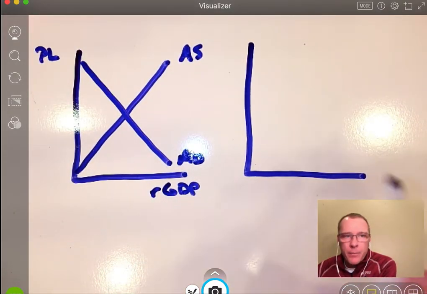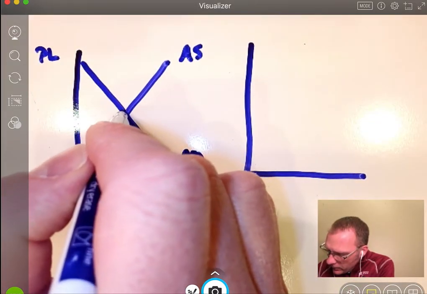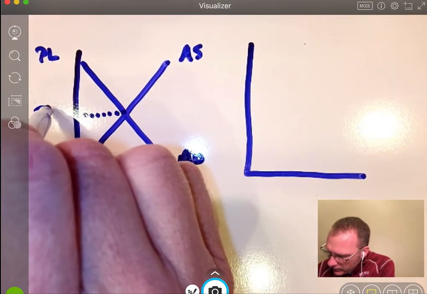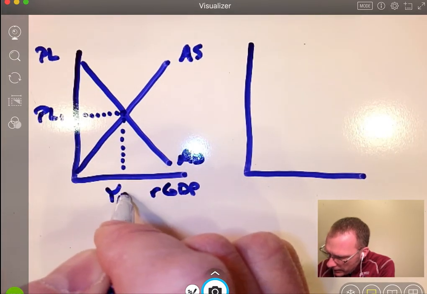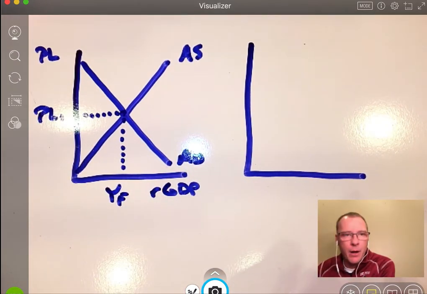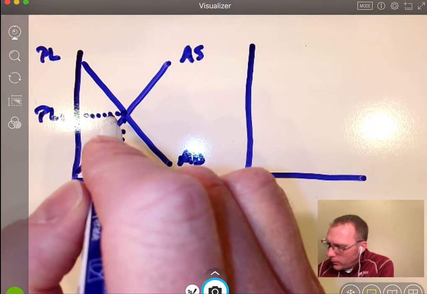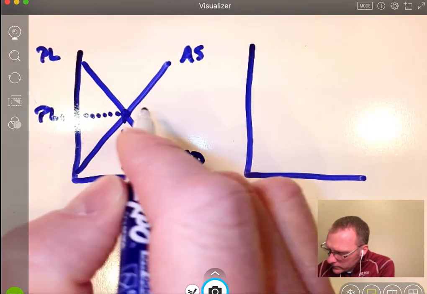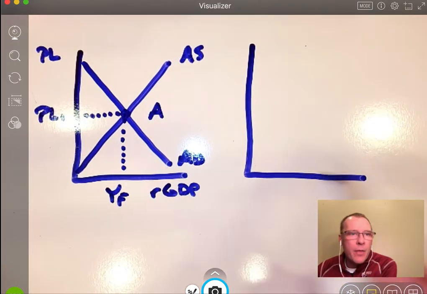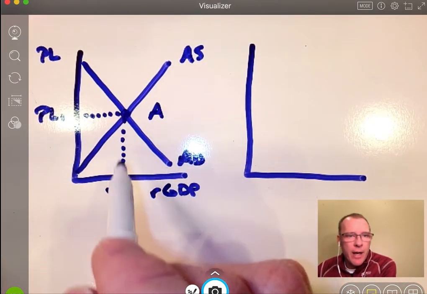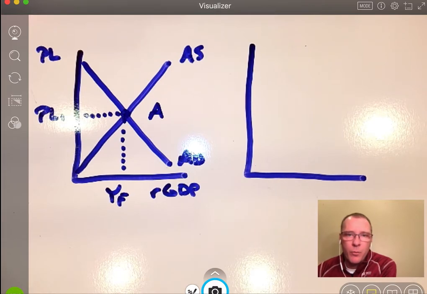Okay. Aggregate supply, aggregate demand is hitting right here, which is going to give me a PL1. And it's also going to give me, let's say this is Y at full employment. All right. And that's going to give us a point here, let's just say that is going to be point A. That point A is showing us how much inflation is happening versus how much people are employed.